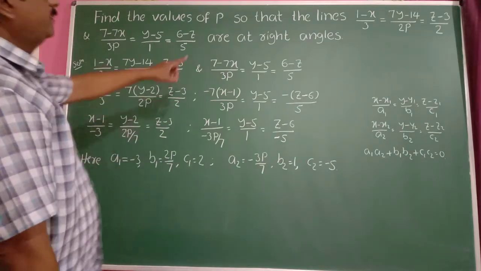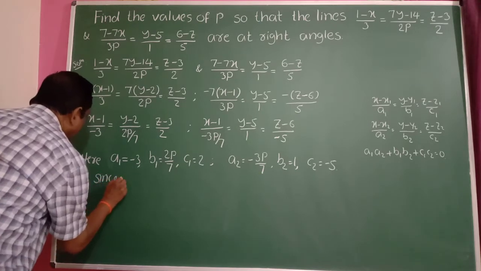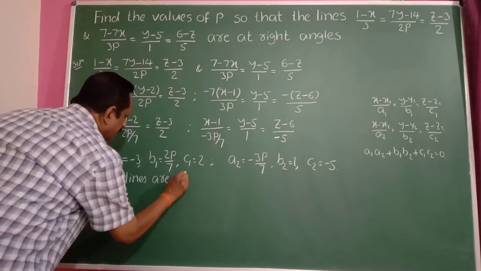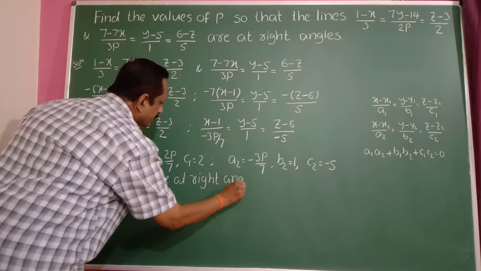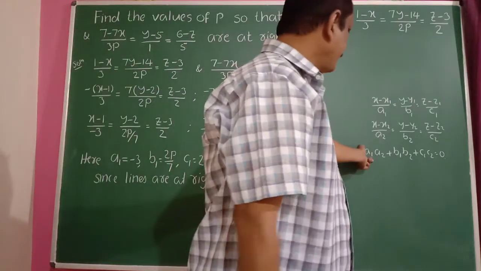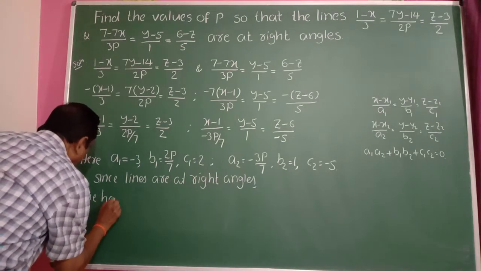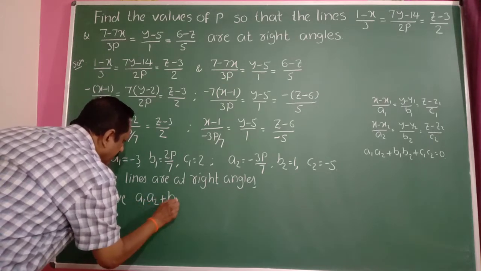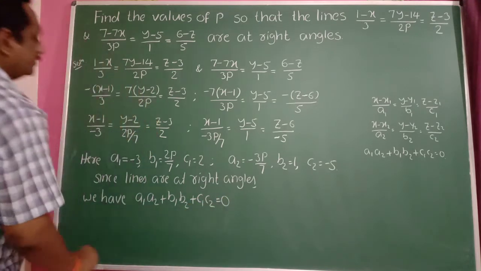Since the lines are at right angles, we use this condition. Therefore we have a1 a2 plus b1 b2 plus c1 c2 is equal to 0.